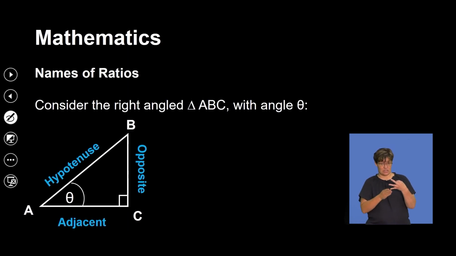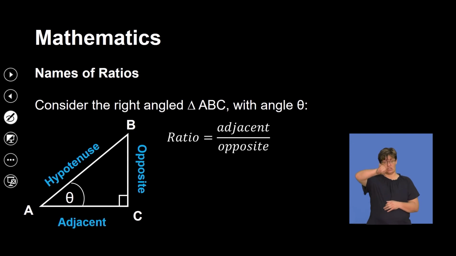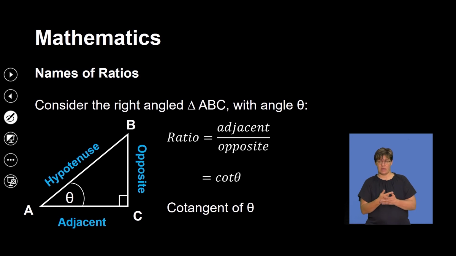The other one also, if it is adjacent over opposite, remember tan was opposite over adjacent, we swap the numerator and denominator around. This gives us cot theta, which is cotangent of theta.